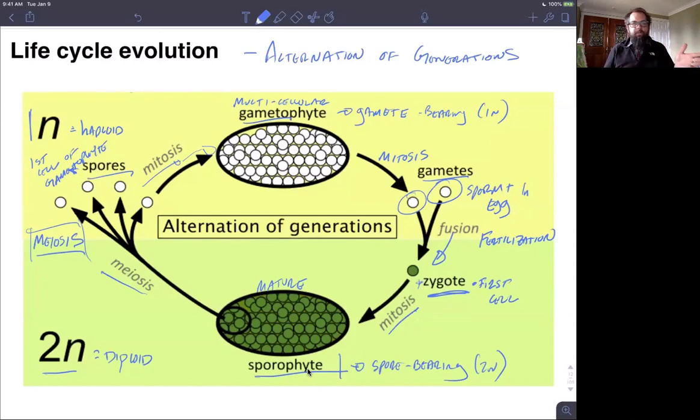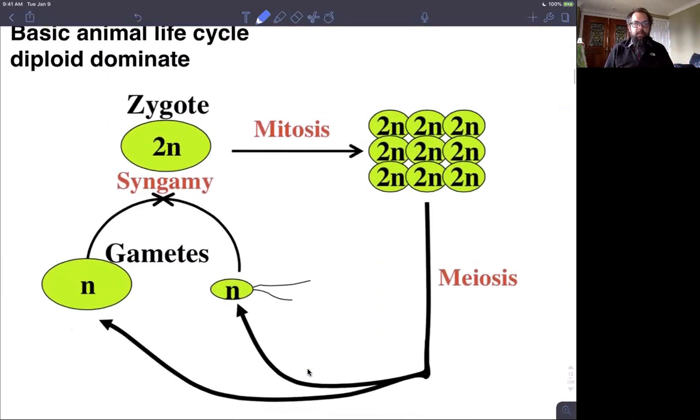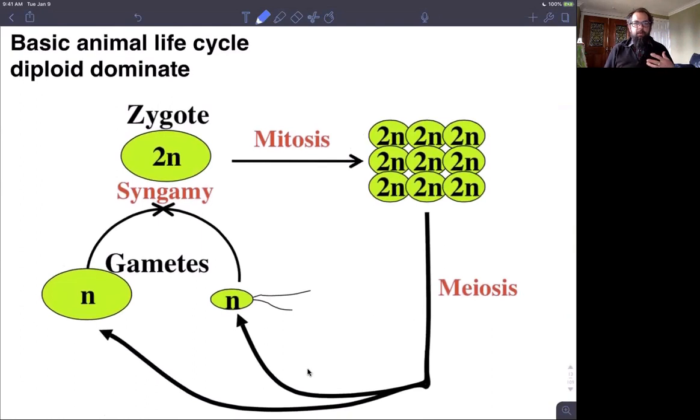One, we're most familiar, of course, with our basic animal life cycle. The basic animal life cycle, I don't need to go too much over it, but we all start out as zygotes. Those zygotes are formed by fertilization. Another word for fertilization is syngamy. And that was from sperm and egg that fuse together.